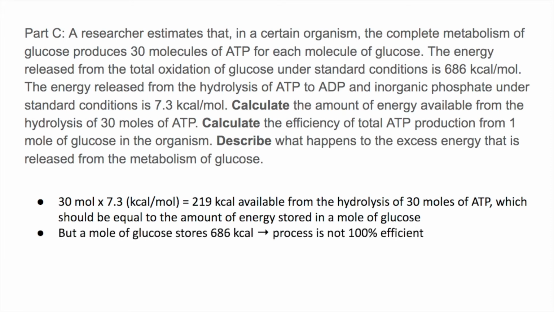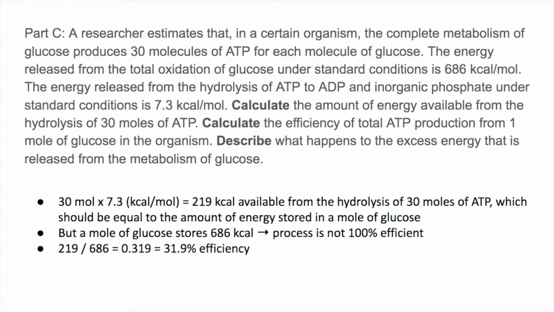But this isn't true. 1 mole of glucose stores 686 kilocalories, which is much greater than 219, which means that the process is not 100% efficient. Some of this energy is going to be lost and transformed into another form of energy.